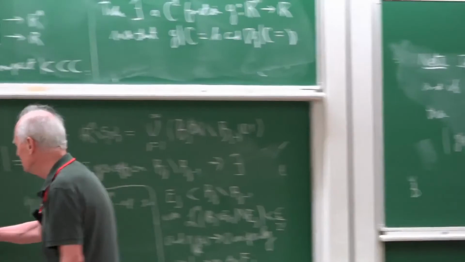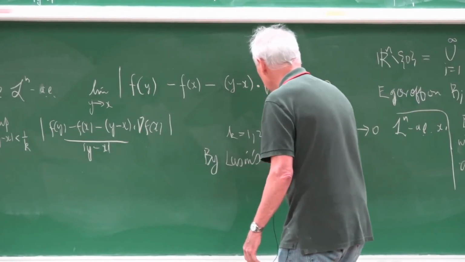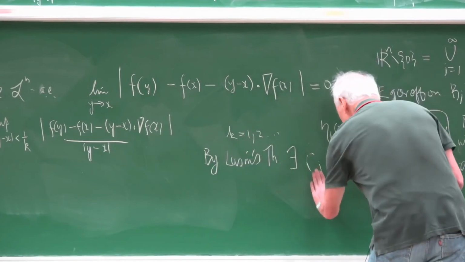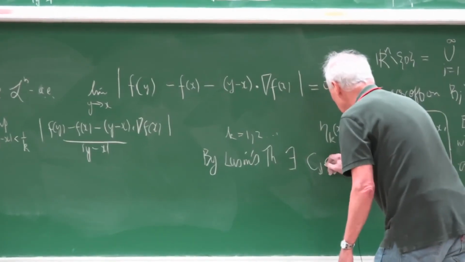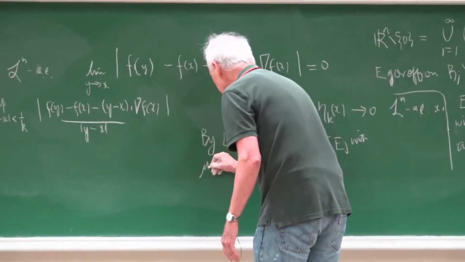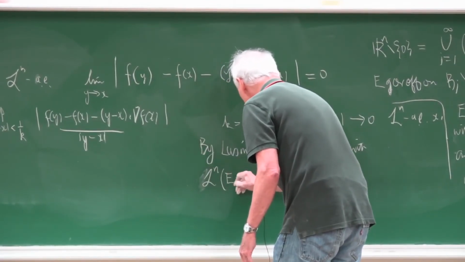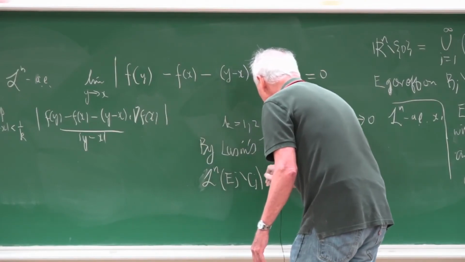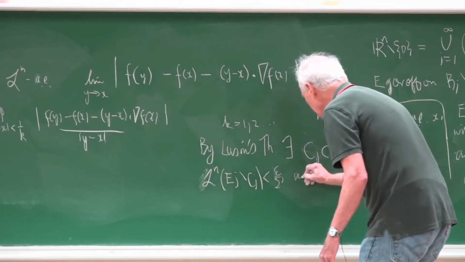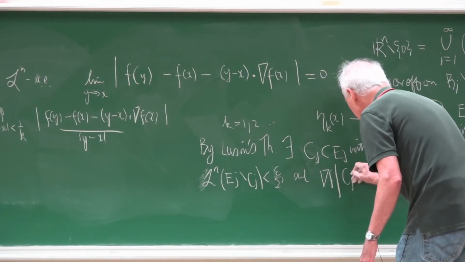So by Lusin's theorem, which we proved last time, there exists a closed set Cj contained in Ej, and we can arrange that Ln of Ej minus Cj is less than epsilon over 2 to the j, no problem, and the gradient of f restricted to Cj is continuous.